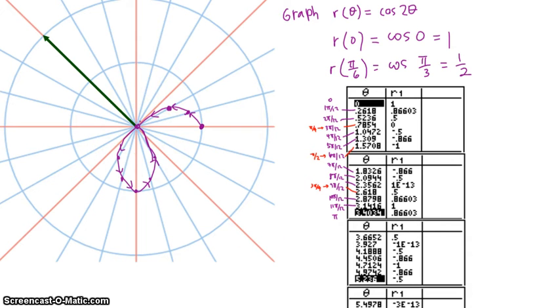So let's say I keep going, and I go to the next one after 3 pi over 4. It's now back at 0, so now it's back at 0.5. Sorry about that. It's 0.5. The next line over, 0.866, 1, 0.866, 0.5, and 0.